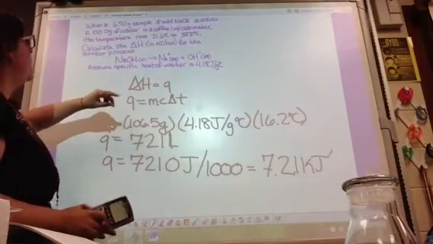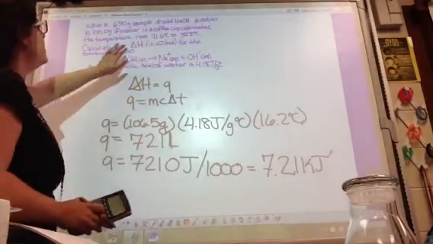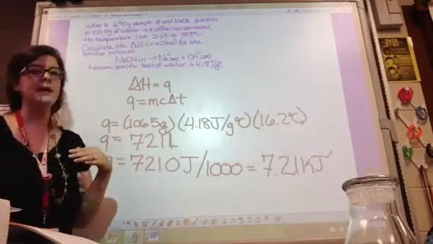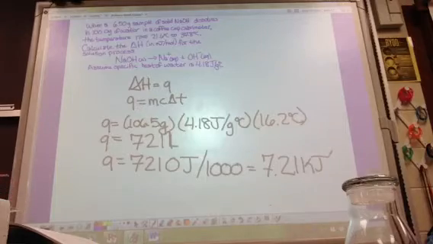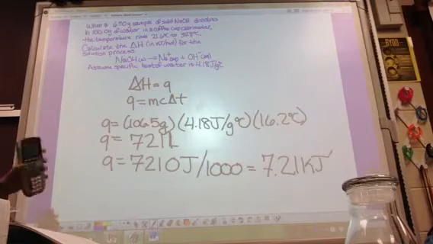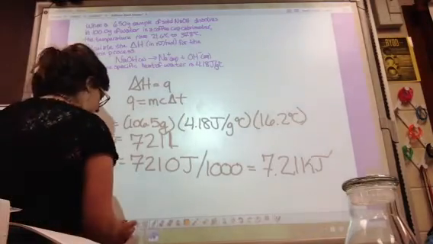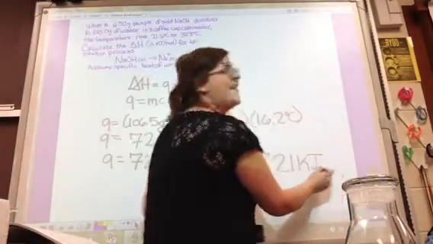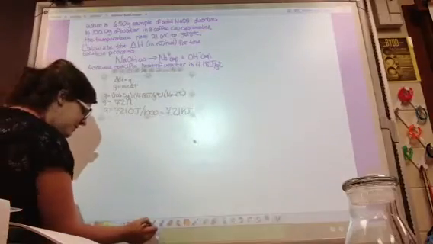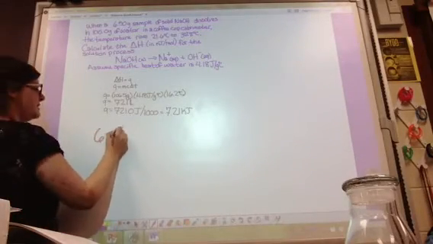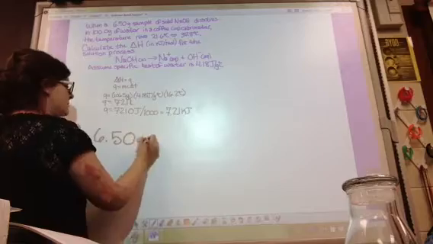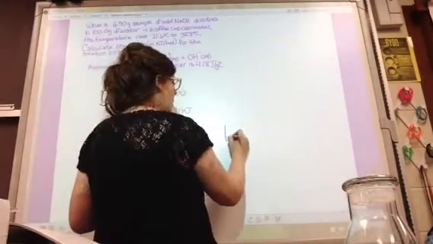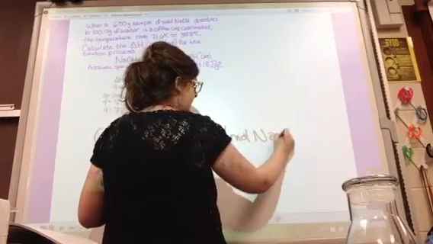I also need to find my moles. We started off with 6.50 grams of sodium hydroxide. I know the mass of sodium hydroxide, but I don't know how many moles. We could easily find it. So let me shrink this part down. Okay, so we knew we had 6.50 grams of sodium hydroxide. I need to convert that to moles of sodium hydroxide.